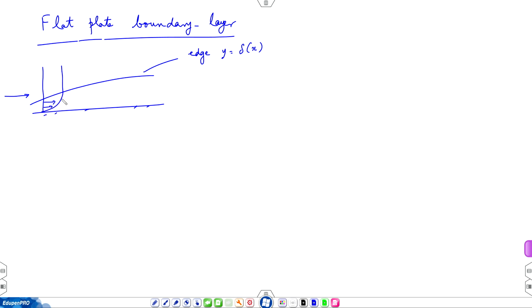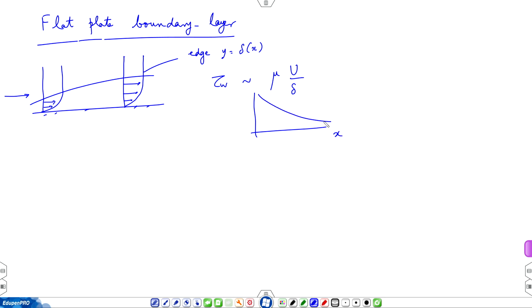So, this is the velocity variation. As you go downstream along the plate, you can see that the wall shear stress, which is mu u over delta, decreases, because the same variation occurs over a larger distance.